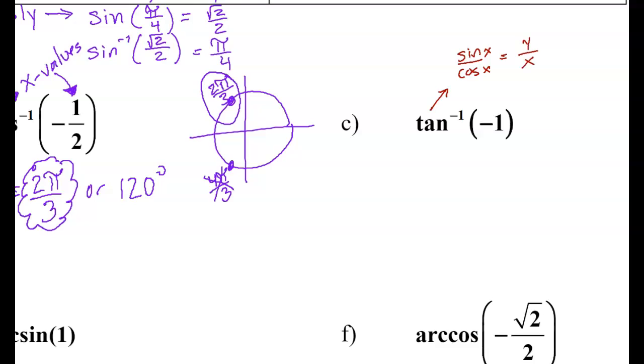Now, we have gone over something like this previously. If we want y over x to equal negative 1, when is the only time that two things divide to equal 1? When the two things are the same.